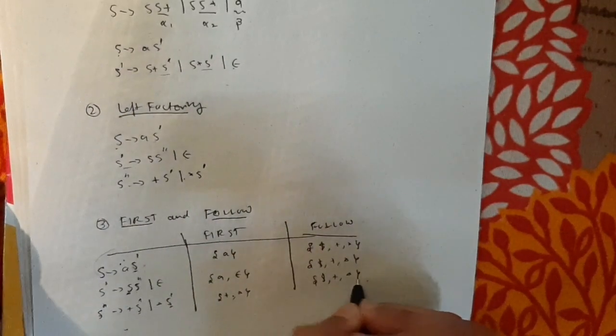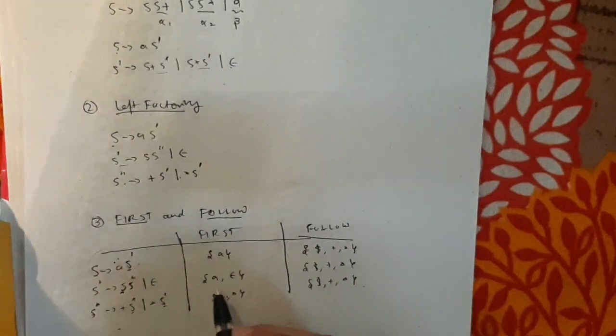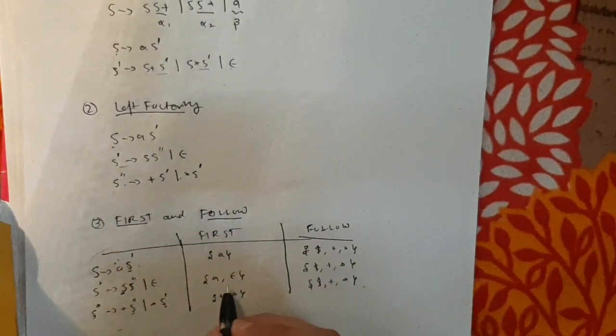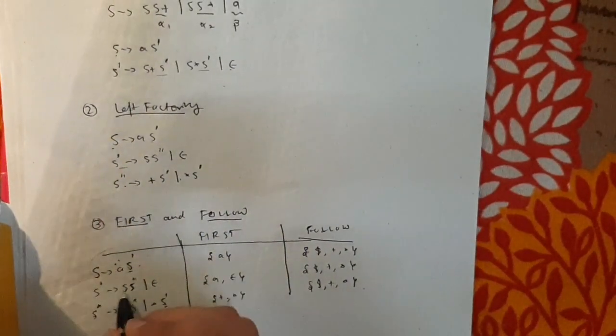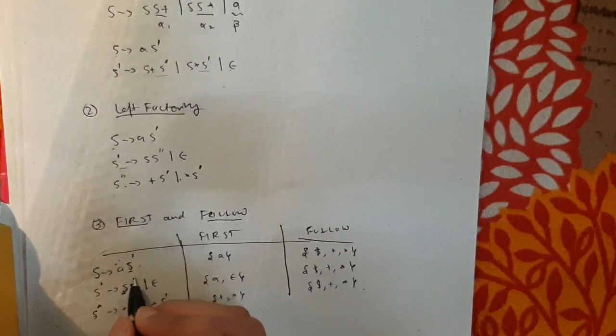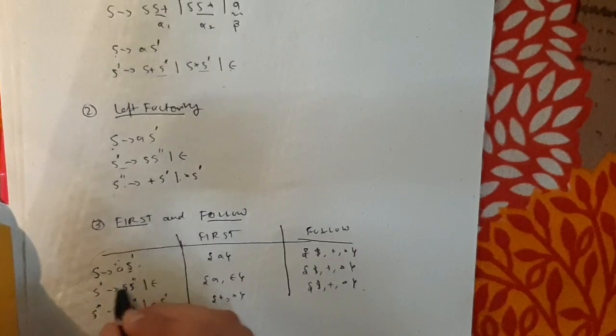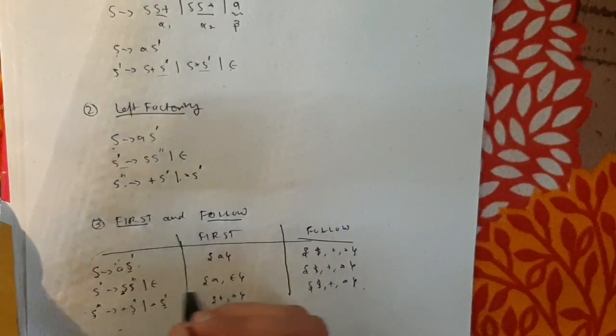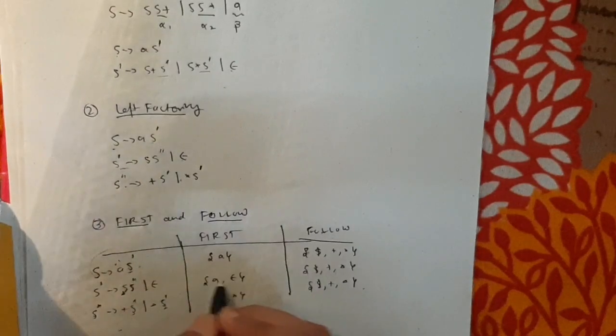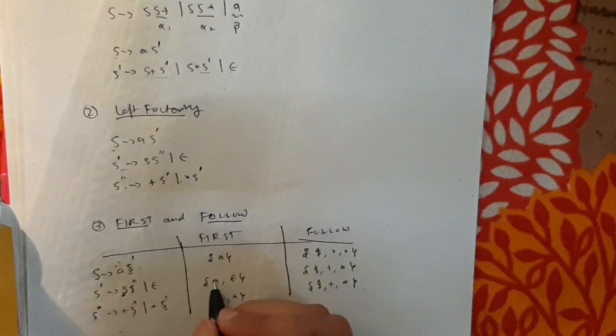Now there is a scenario where you will get the first of it. For example, if there was a situation like after S it was S dash. You will find S is here, after that it is S dash, so you will come to S dash. S dash first is this one, and here you will find a is there. So you will write a.